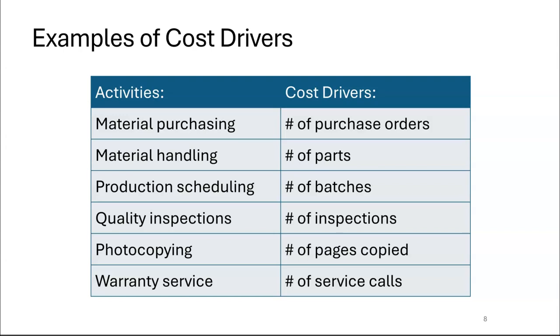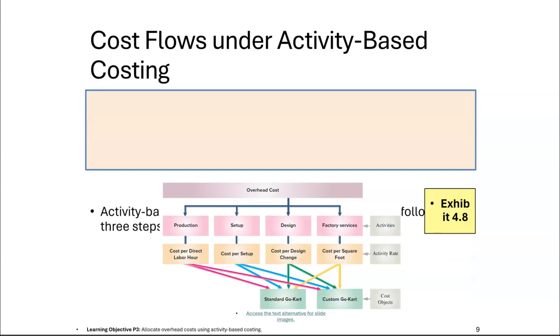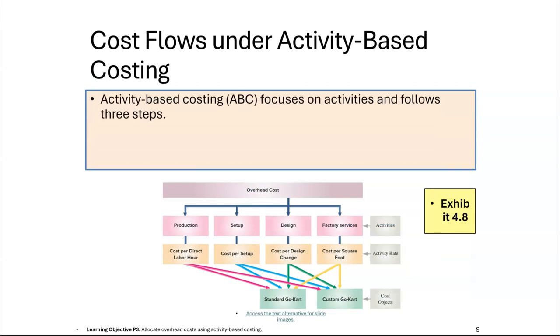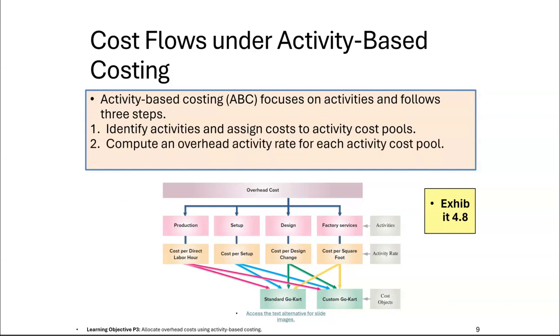So let's look at how it flows. Activity-based costing focuses on activities and follows 3 steps. First, we identify activities and assign costs to the activity pool. Then we compute an overhead activity rate for each activity pool. And then we assign overhead costs to the cost objectives, which is the product. So if you look at this little diagram, this is also in your book.